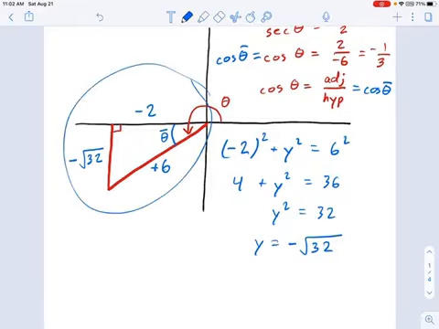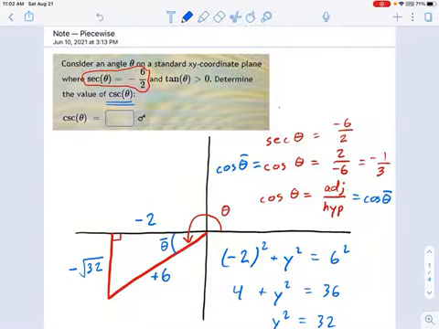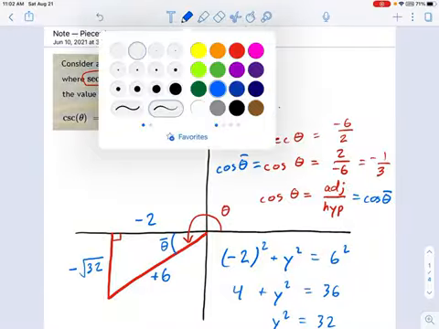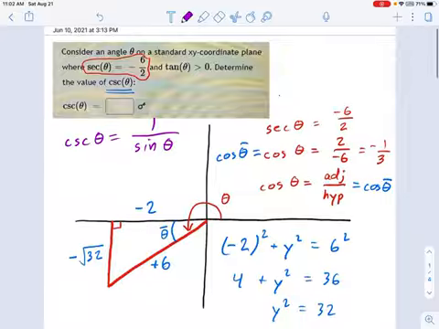This triangle can now be used to solve whatever it is we're looking for. I can't even remember anymore. I want to know what is the cosecant of theta. Remember, cosecant is 1 over sine of theta. So what's the sine of theta? Well, according to our triangle below, using the reference angle, the sine of theta is the y value, negative root 32, over the hypotenuse, 6.